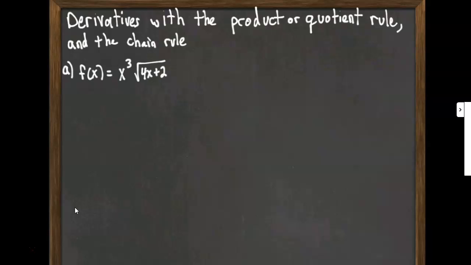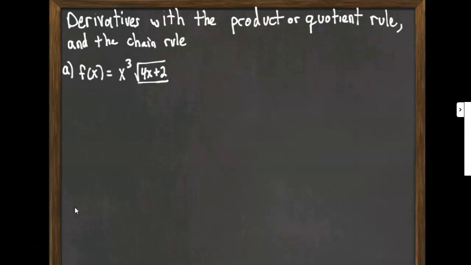So consider here the product f of x equals x cubed square root 4x plus 2. Before we even find the derivative here, obviously I can't distribute through here. What about the domain of this thing? Remember, this involves a radical, an even square root, so it's not going to be defined for negative numbers.